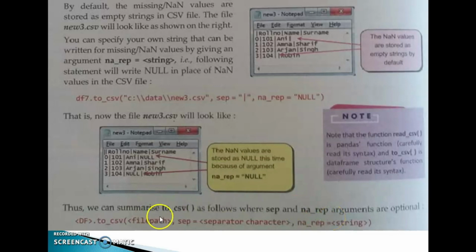Here in this to_csv function, sep and na_rep arguments are optional, but we have to specify the file path, that is compulsory. sep is equal to separator character, na_rep is equal to string. Any string we can give as a null value. Okay, clear this one?